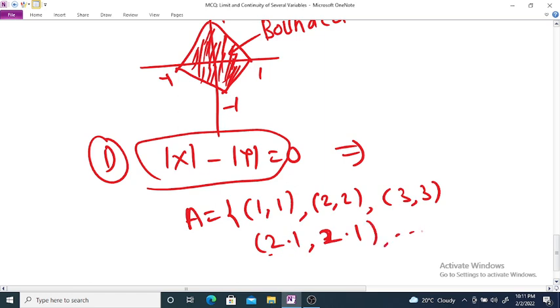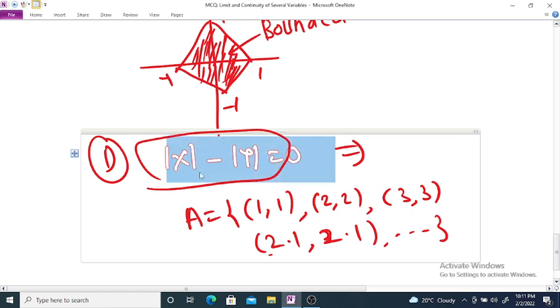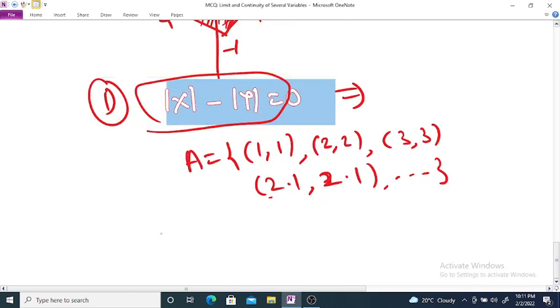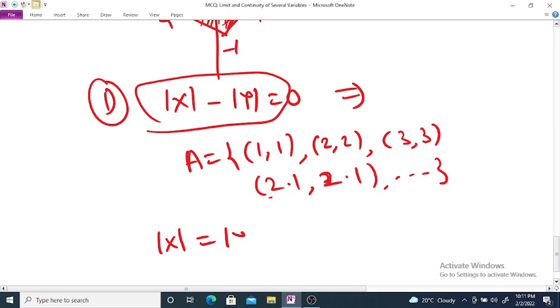All these pairs (x, y) satisfy this equation, mod of x minus mod of y equal to 0. If you solve, you get mod of x equal to mod of y. This implies it has two solutions, x equal to plus or minus y.